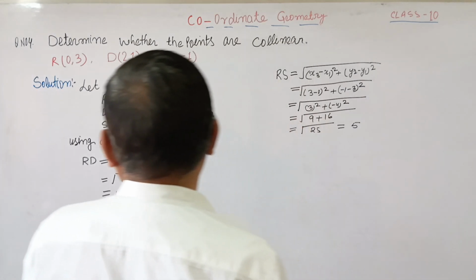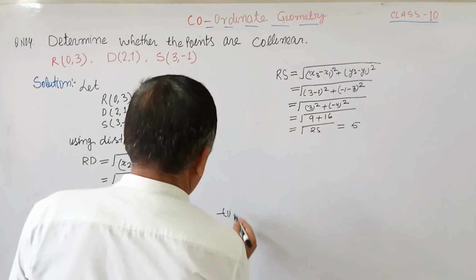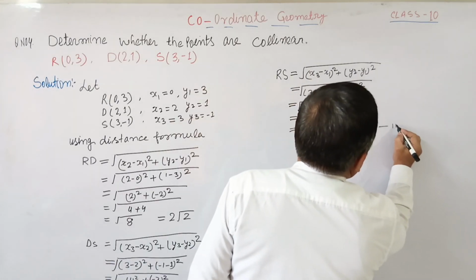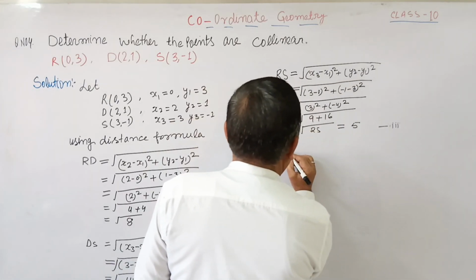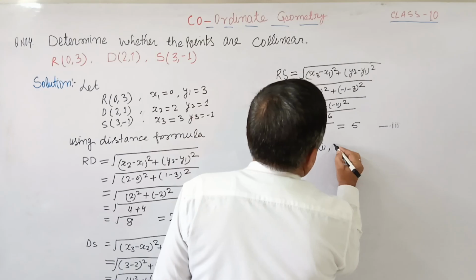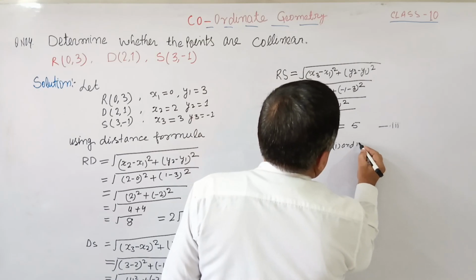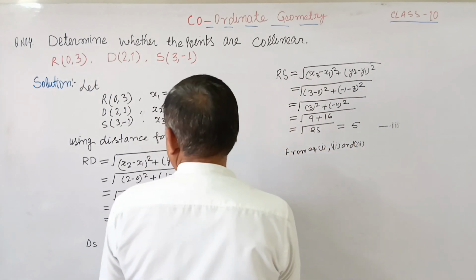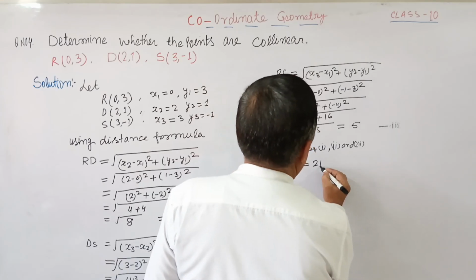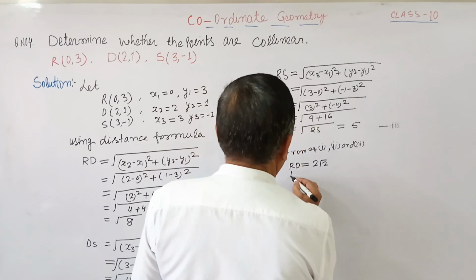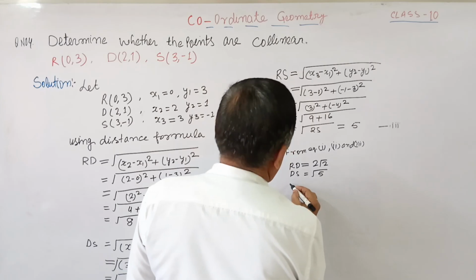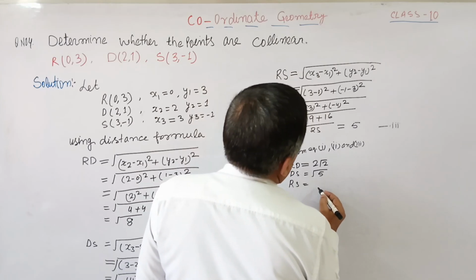So the values, let us say this is our equation 1, this is equation 2, and this is equation 3. From equations 1, 2 and 3, we get RD equals 2 root 2, DS equals root 5, and RS equals 5.